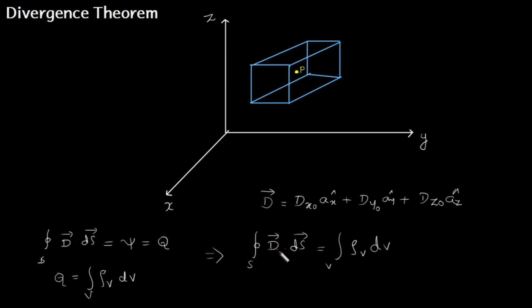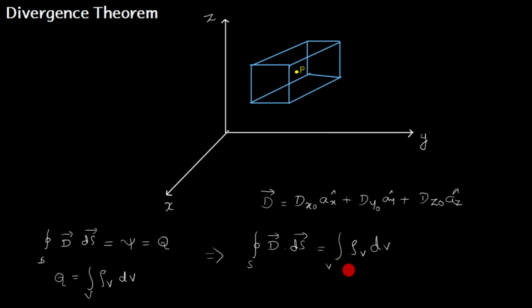So this tells you that the total flux coming out of this surface, that is nothing but the total flux density over this closed surface, is equal to the volume integral of rho_v dv. This is nothing but the total charge residing. So this is from Gauss's law. Now I need to evaluate this. How will I evaluate this?